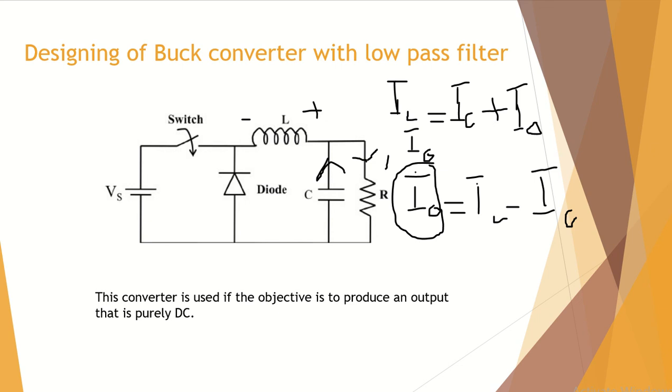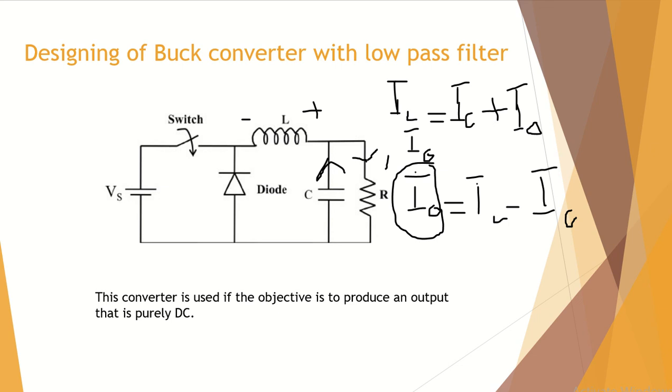So what does it mean? This means that the ripple of the inductor current flows through the capacitor. When we have a negative portion of the ripple, charge is removed from the capacitor, and when we have a positive portion of the ripple, charge is added to the capacitor.